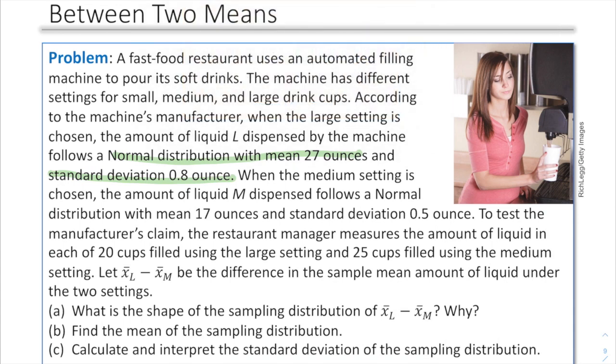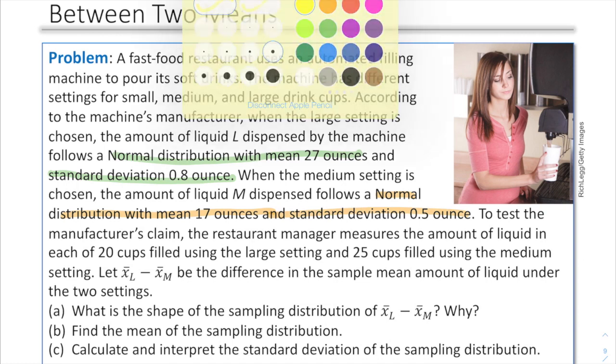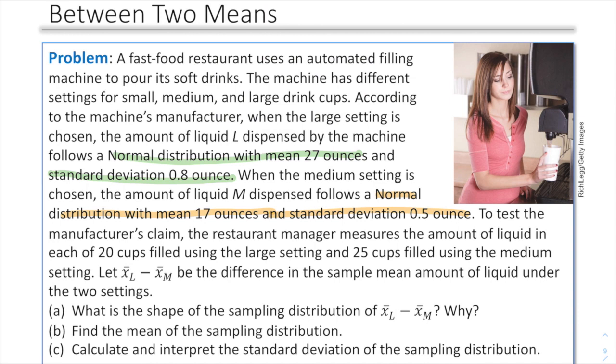When a medium setting is chosen, it dispenses on a normal distribution with a mean of 17 ounces and a standard deviation of 0.5. So to test the manufacturer's claim, the restaurant manager measures the amount of liquid in 20 cups using the large setting and 25 using the medium setting.